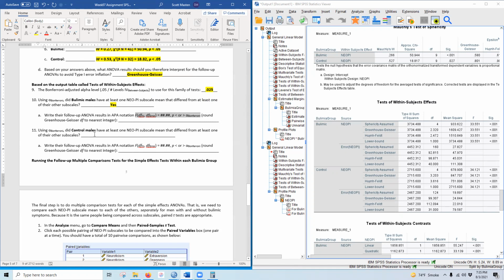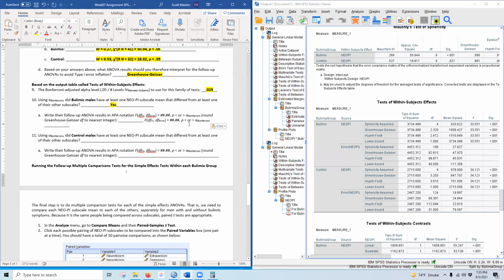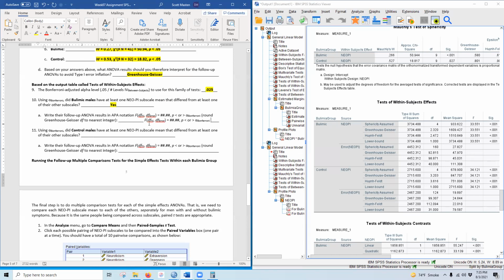All right, so, geez. Oh man, give me all sorts of problems tonight. All right, so we have an F with, we'll round that to 2 and 93 degrees of freedom. So let me highlight this so it's obvious. There we go.